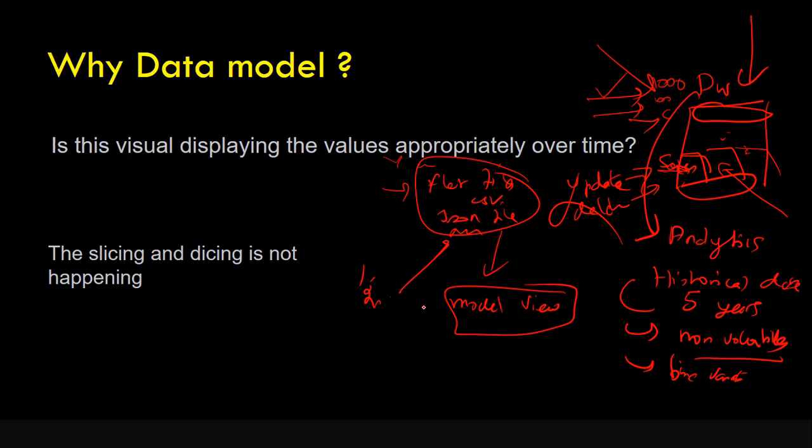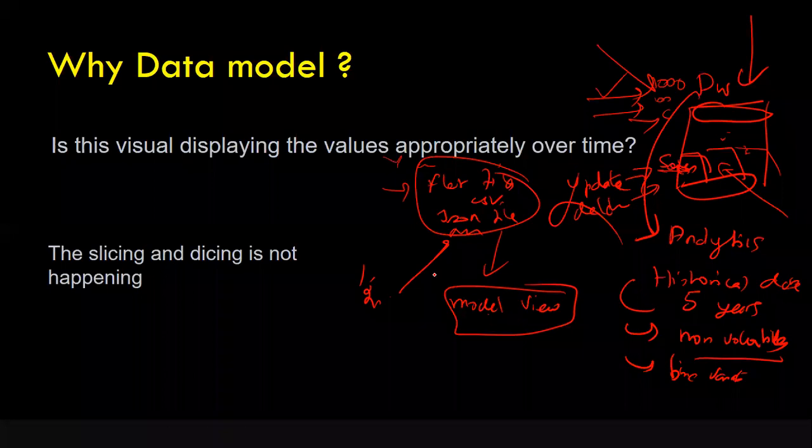The next question is, okay, fine, I create the data model in the model view, but why should I create the model? I imported all the files, so why should I create the relationship between the tables? It automatically detects the relationship, fine, but why is it required? In the case of QlikView or Tableau, we don't have to do it explicitly.